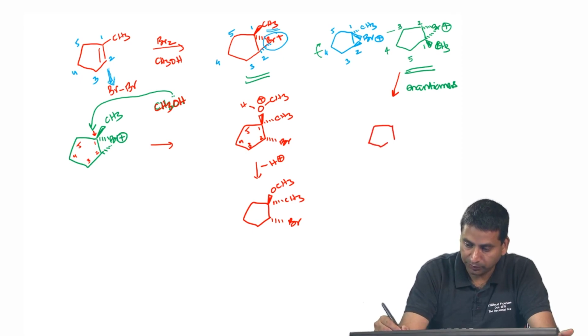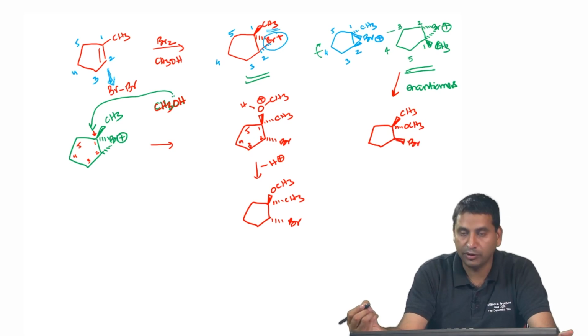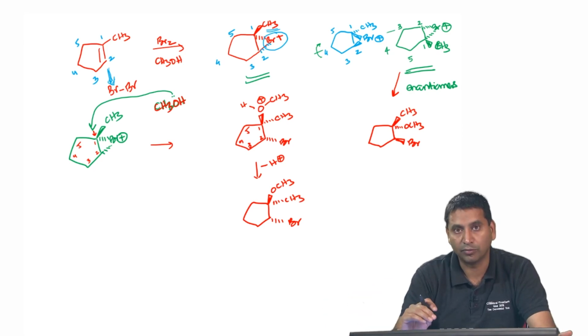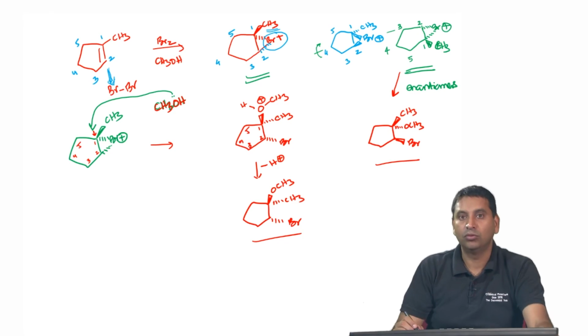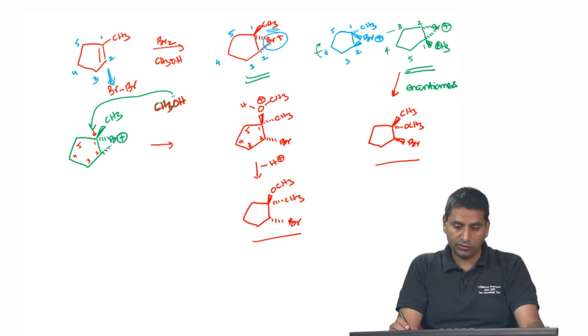Means you will end up with methyl group up, OCH3 down, and the Br will always be opposite to the OCH3 because the methanol is going to approach from the opposite face. So, therefore, I would expect that these two would be the major products.